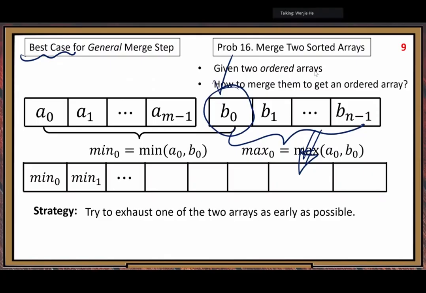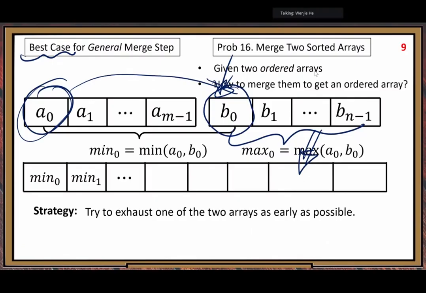So that's one case. Another is when the first element in the first ordered subarray beats all the elements in the other ordered subarray. That's another case you need to consider. It depends on which subarray is longer and which is shorter.